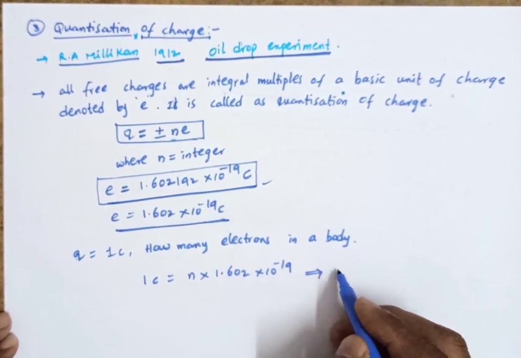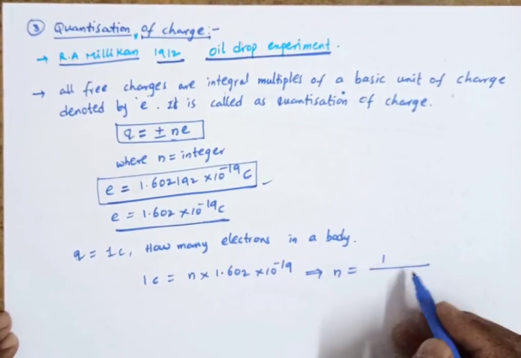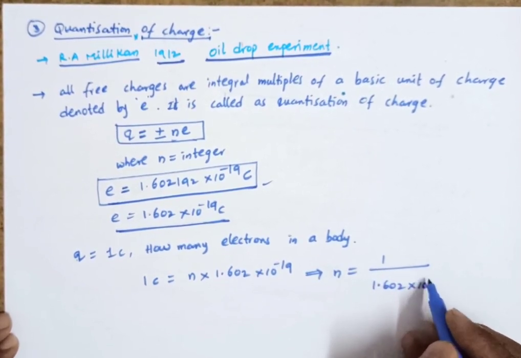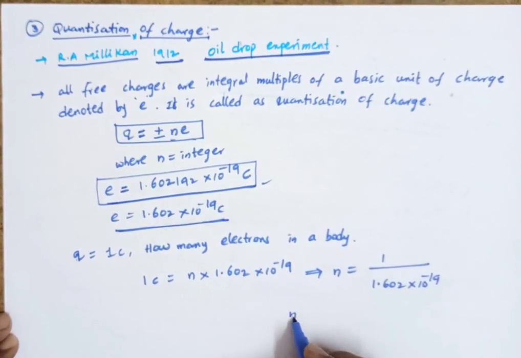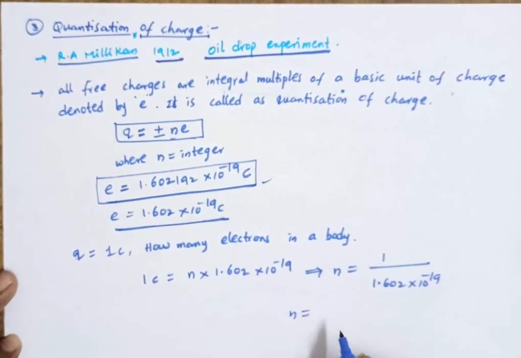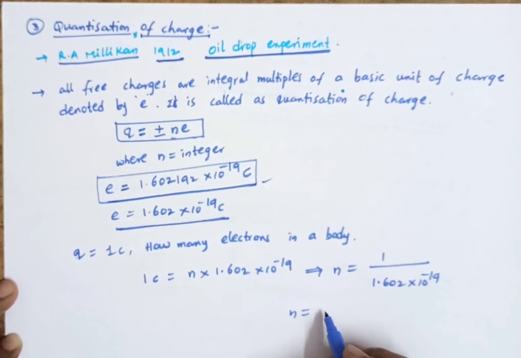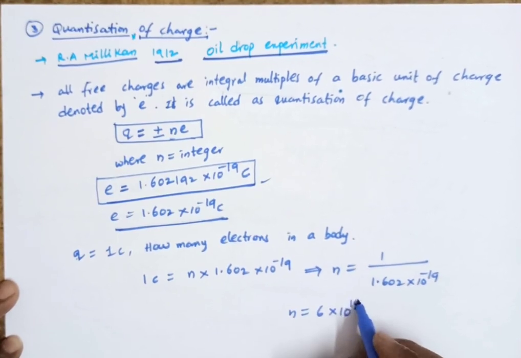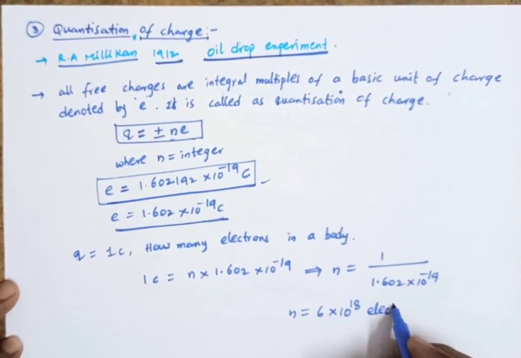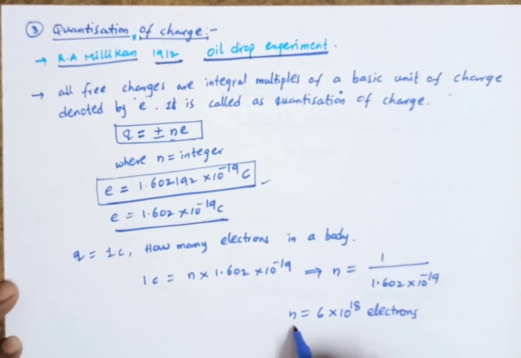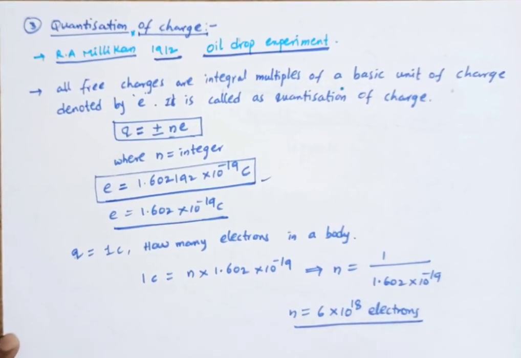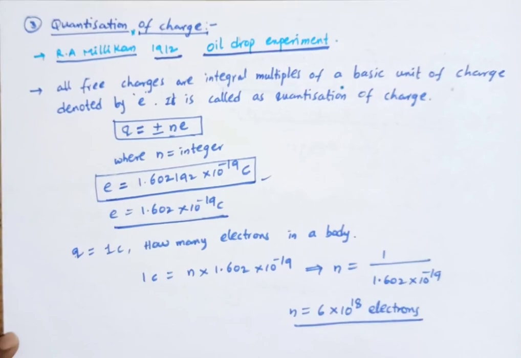So the number of electrons n equals 1 divided by 1.602 × 10^-19, which is nearly 6 × 10^18 electrons accumulated on the body. This is about the quantization of charge.